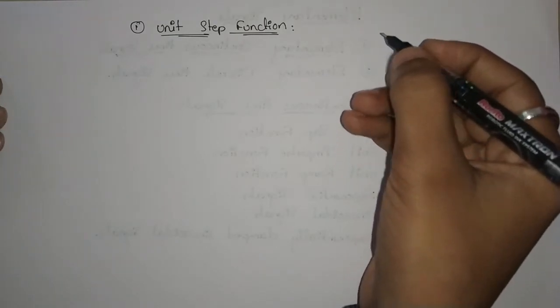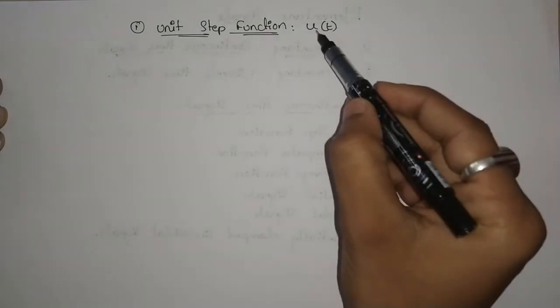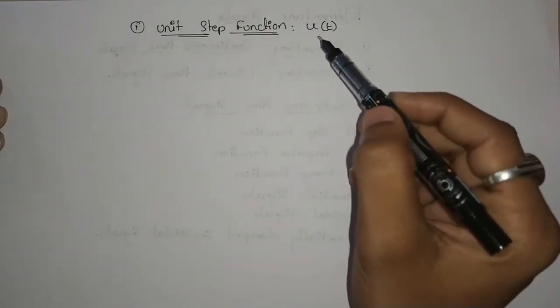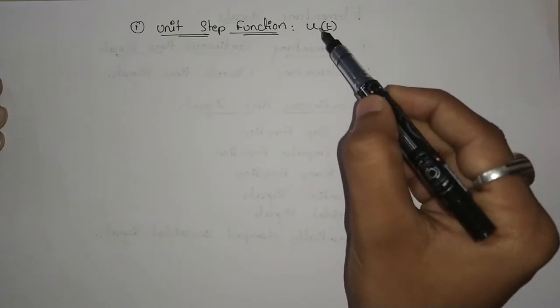Unit step function is denoted by the symbol u of t. Since we are dealing with elementary continuous time signals, we mark it as t.